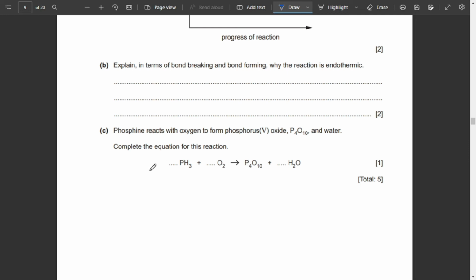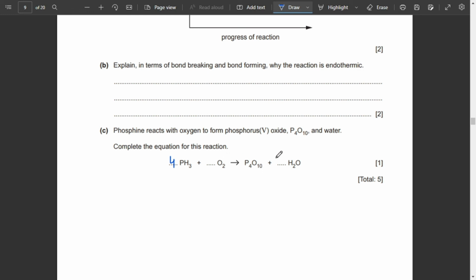We have 4P, so it can be 4PH3 and then plus O2. Now we have 4P and we have 10, and this is also variable. If we see, we have 3H over here and 2H over here.